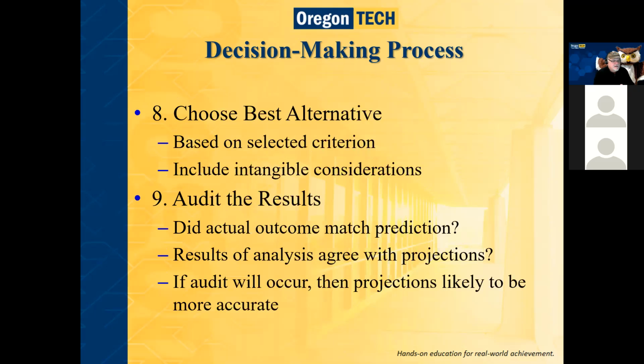I don't do the project management chapter in this because there's a whole class in project management you can take, so I teach it sometimes. But is what's actually happening doing what you predicted? It's a scary thing to do because no one wants to be wrong. So you solve problems, implement it, and never look back. Then you wonder why someone else comes along after you've left and solves the same problem again. Audit results.